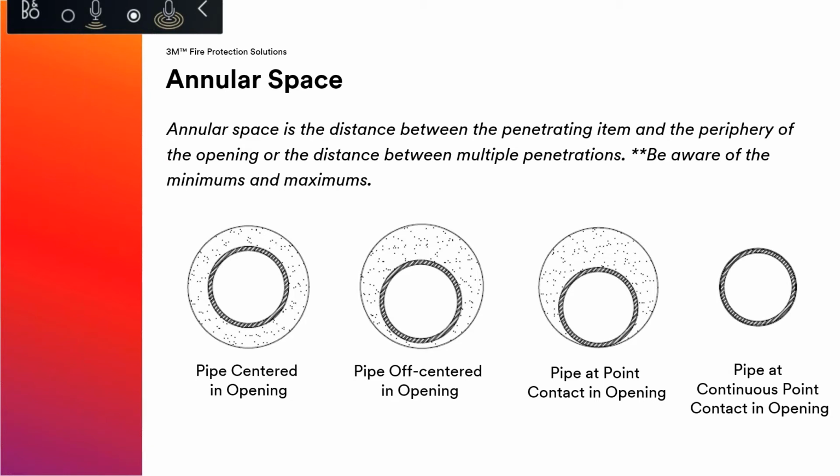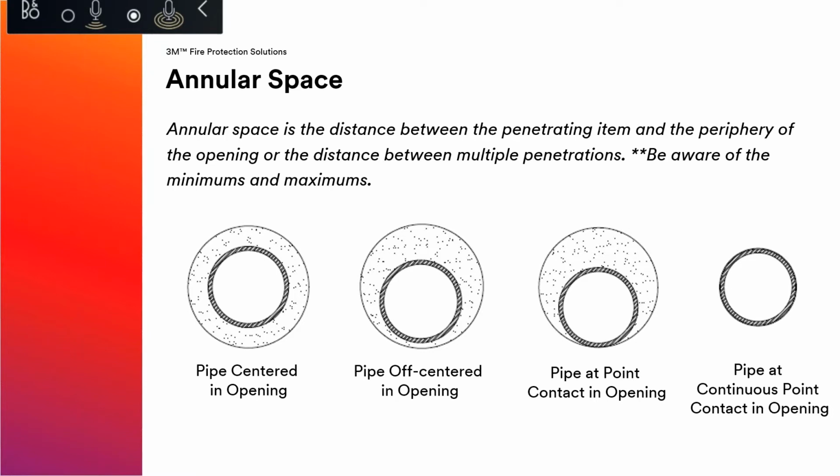Annular space is probably for those of you that maybe have had some headaches out on projects. Possibly you're a contractor, the electrician or the plumber, and the drywall contractors left some larger openings around your penetrants, or maybe too small of openings. This is where coordination and getting with the contractors ahead of time and scheduling, identifying what the system details require.